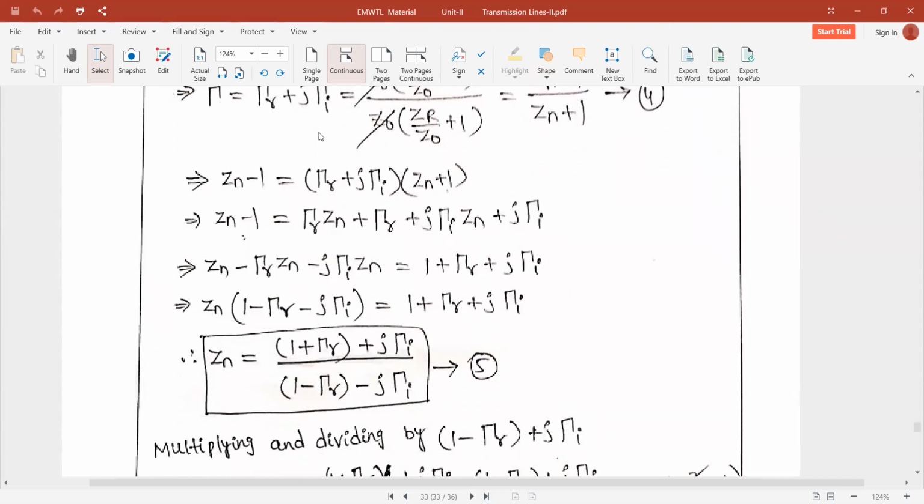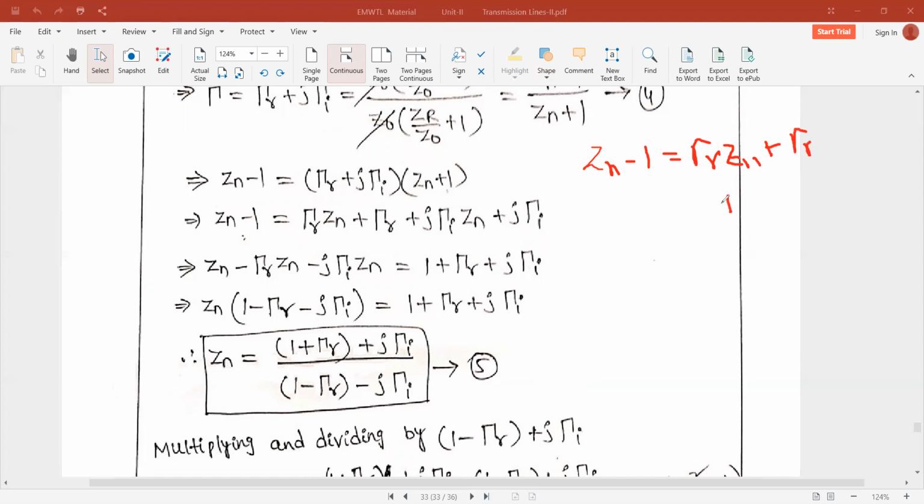Now, cross multiplying the function, Zn plus 1 into gamma r plus j into gamma I is equal to Zn minus 1. So multiply these two functions, and now we get Zn minus 1 is equal to, multiplying that, gamma r Zn plus gamma r.